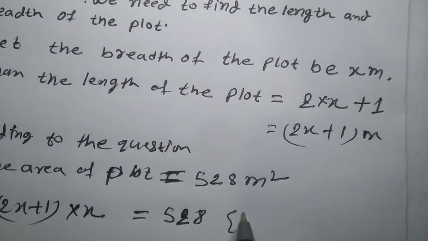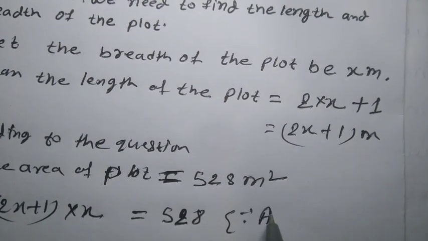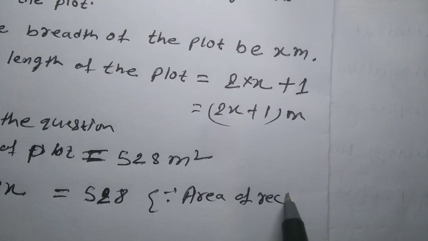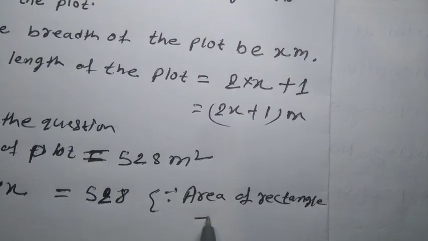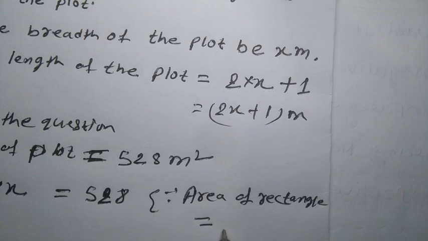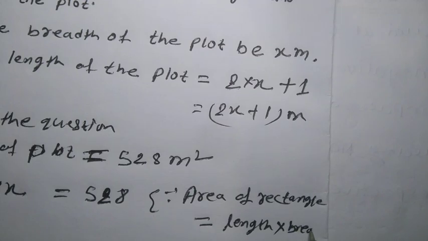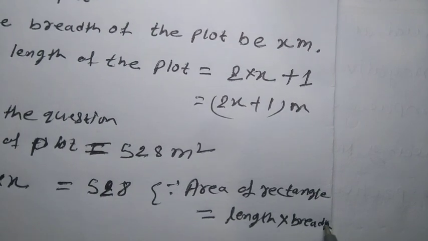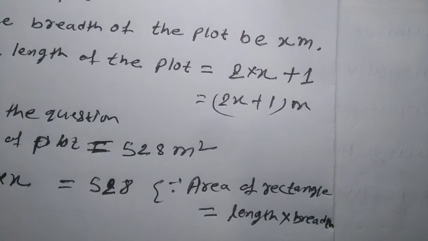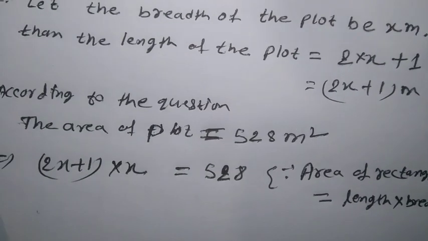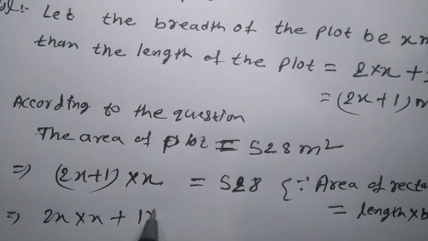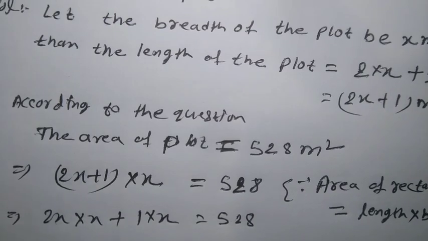Because area of rectangle is equal to length into breadth, this implies 2x into x plus 1 into x is equal to 528.